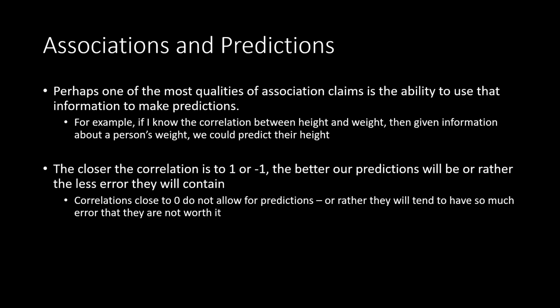Now, correlations that are close to 0 do not ultimately allow us to make predictions. Or more specifically, because you could mathematically do it, it is just that it would then have basically no meaning because there would be so much error in it that those predictions would ultimately not be worth it.